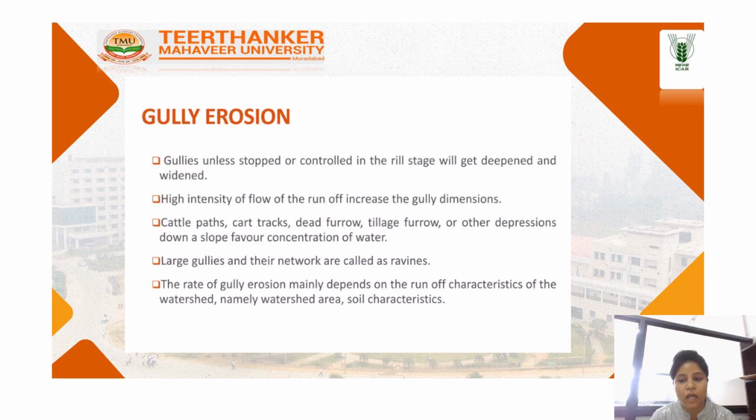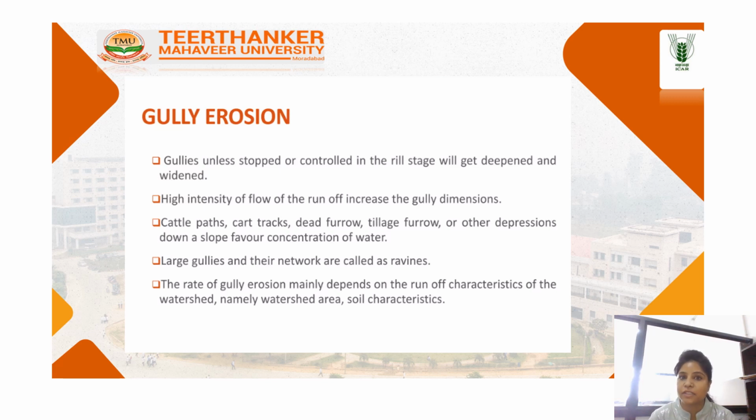These gullies can't be destroyed by tillage machinery, even heavy tillage machinery. It takes time for the soil to cover them. Large gullies and their networks are called ravines.